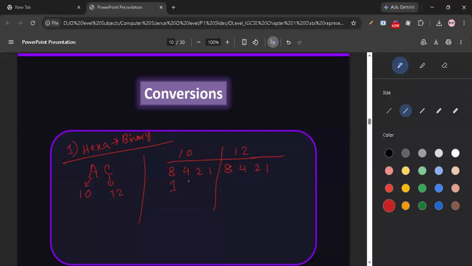So 2 subtracted with 4? No, it's not. So 0. Is 2 subtracted with 2? Yes, it's 1. And is 0 subtracted with 1? No, it's 0. So in 12, is 12 subtracted with 8? Yes. So it comes as 4. My bad. Over here we'll put 1. And is 4 subtracted with 4?